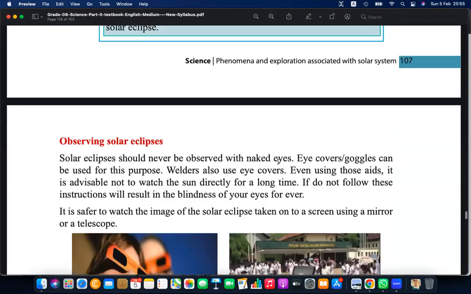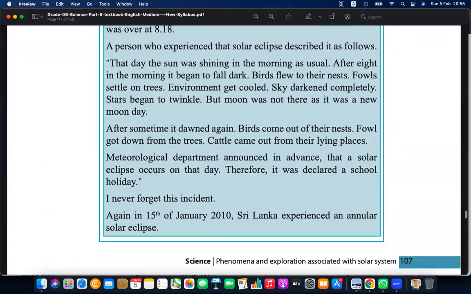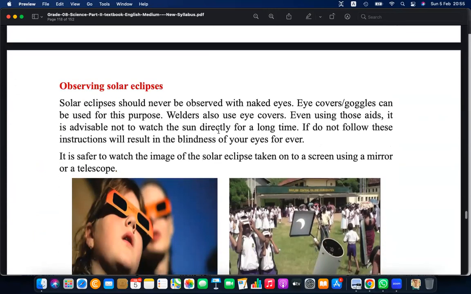Come back. So this is the experiment. You can just read it out. So how the 1955 one was happening. And observing can be done in several ways. One thing is, you should not look at the sun because it is really powerful. You should not look at the sun with naked eyes.